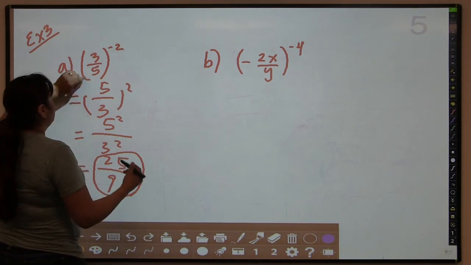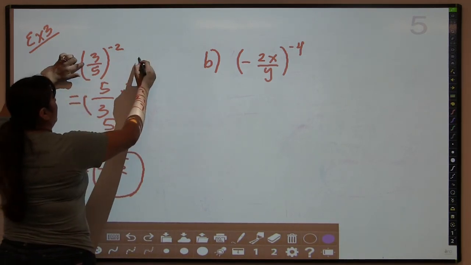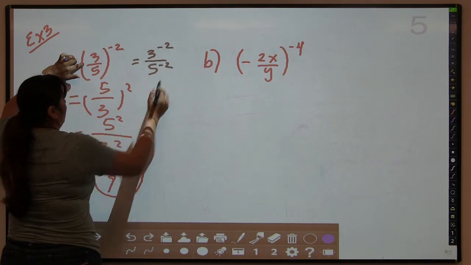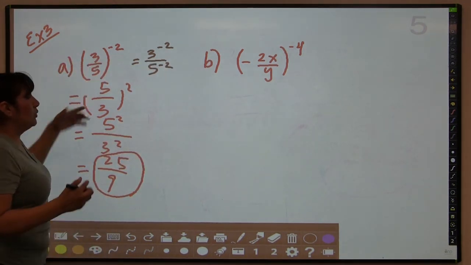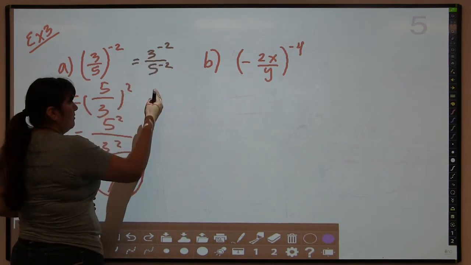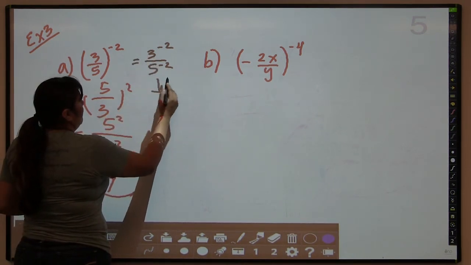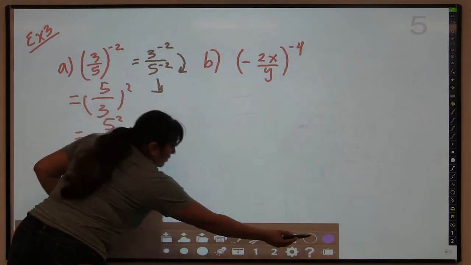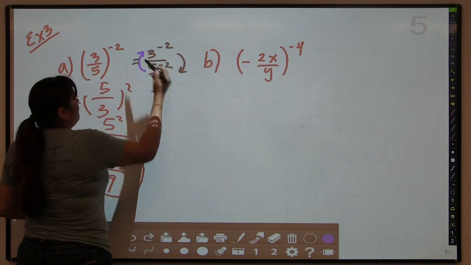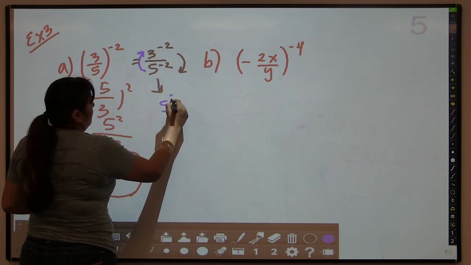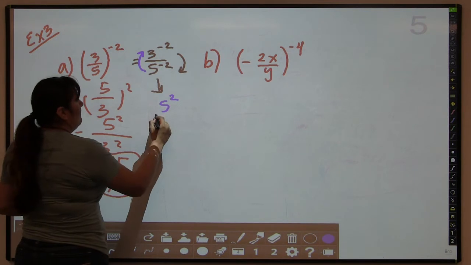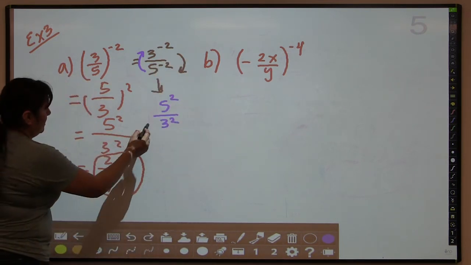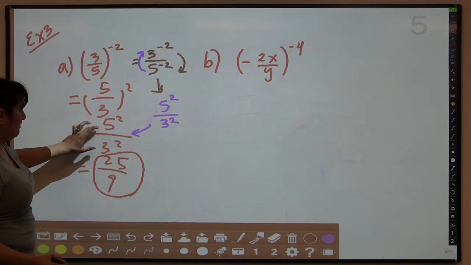If you didn't do that, you would put 3 to the negative 2 power over 5 to the negative 2 power, because the negative power will go to both. And since we know that if it's negative, you can move it to the bottom, the 3 to the negative 2 would go to the bottom, and the 5 to the negative 2 would go to the top, which means the 5 would be positive on top when you move it, and the 3 would come down positive as well, and you would still end up at the same place that Mung did, 5 squared over 3 squared.